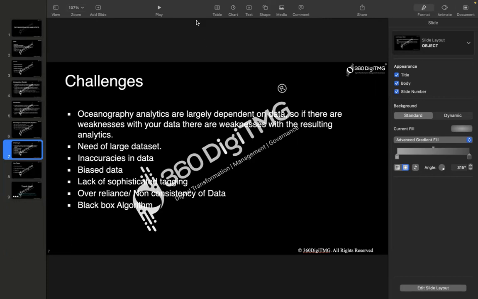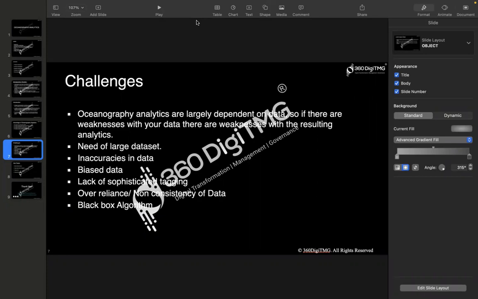If you want correct output and correct information, your data should be good. It also needs to be a large data set, for a better understanding of the model in ML or AI or whatever we use.